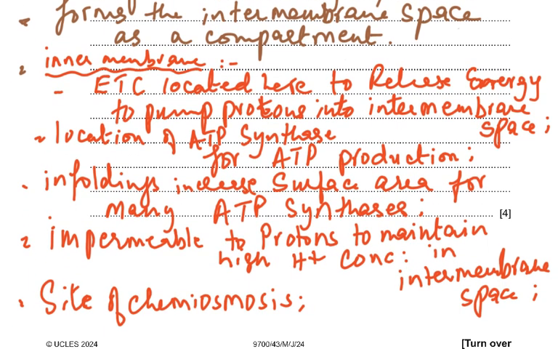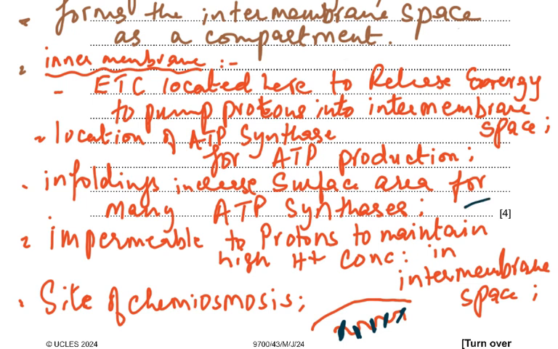Infoldings increase the surface area for many ATP synthases. Because the inner membrane is folded and the outer membrane is not, we will have many ATP synthases embedded in the inner membrane. More here, more here, more here.